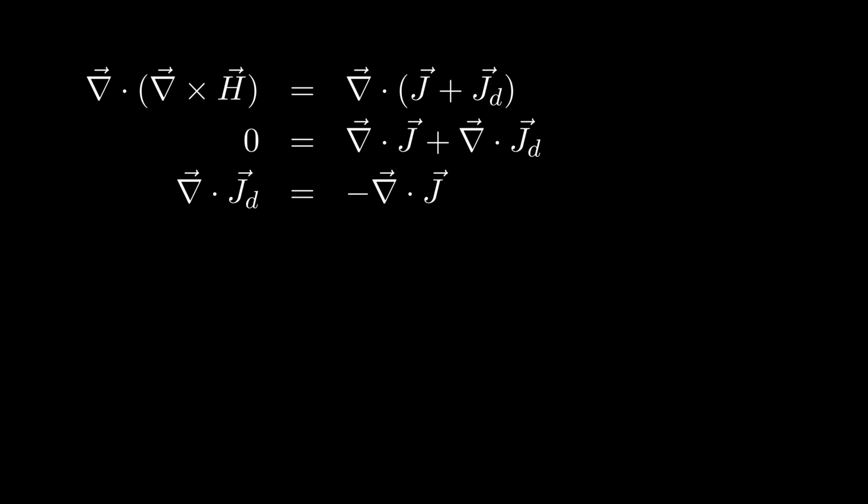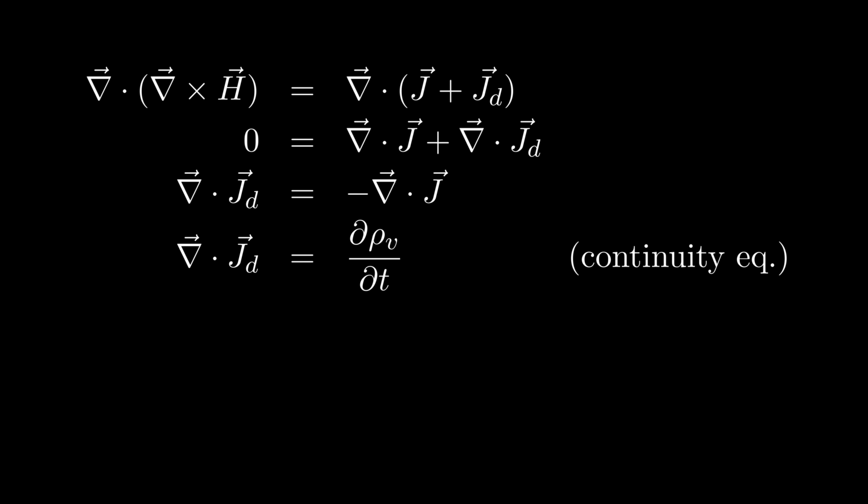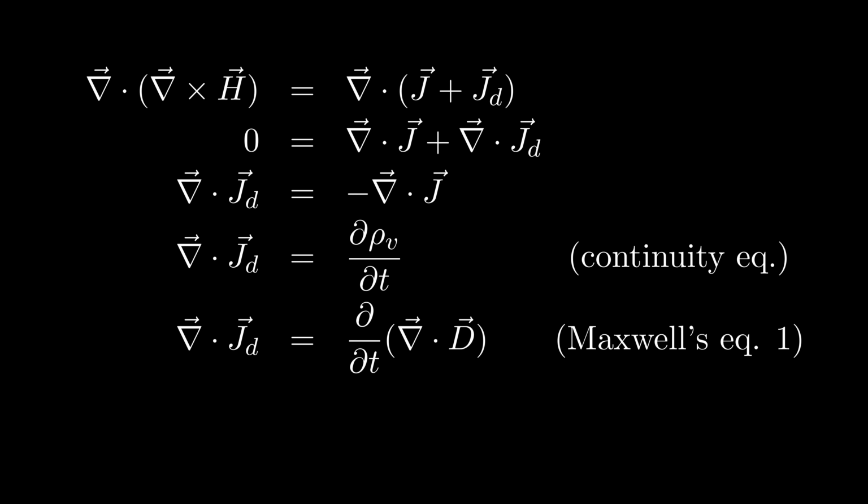But since the divergence of J equals minus del rho_v del t from the continuity equation, we can say del rho_v del t will be equal to the divergence of J_D. But from Maxwell's equation number 1, we know that rho_v is equal to the divergence of D. Therefore, the divergence of J_D is equal to the time derivative of the divergence of D. Since the derivatives with respect to time and space are independent, we can interchange the order.